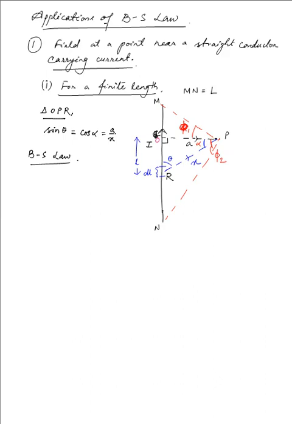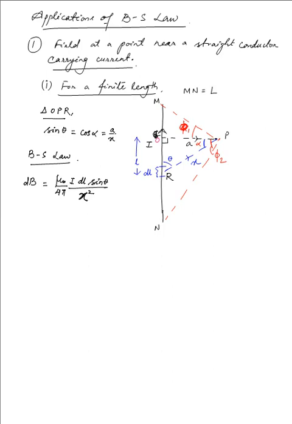As per Biot-Savart's law, we have the small magnetic field intensity dB due to the small element dl to be equal to mu naught by 4 pi I dl, and we are doing this in terms of magnitude. We are not concerned about the direction as of now. So mu naught I divided by 4 pi dl sine theta divided by r squared. Instead of r squared, we are having x as the variable over here, so x squared.